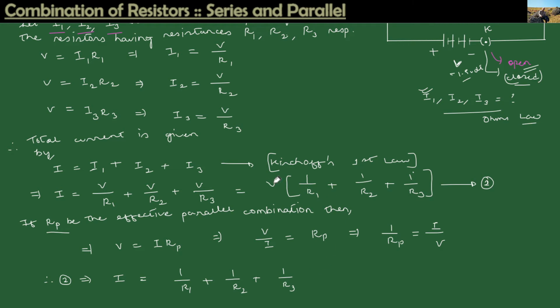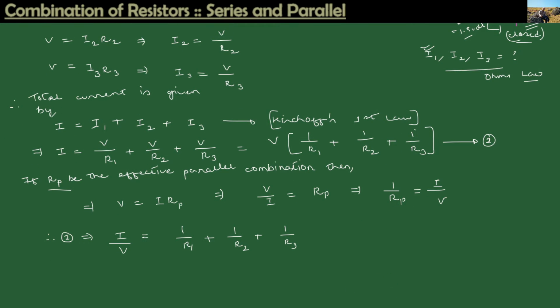We cross multiply this V to the denominator of the right hand side, then we get this term. But over here this term of I divided by V is nothing but 1 divided by Rp. So this will be 1 by R1 plus 1 by R2 plus 1 by R3 equal to 1 divided by Rp.